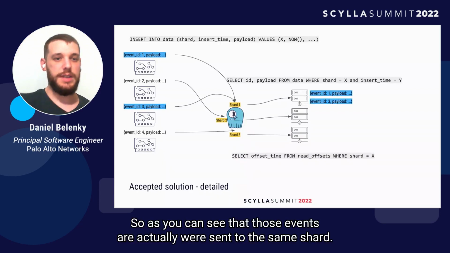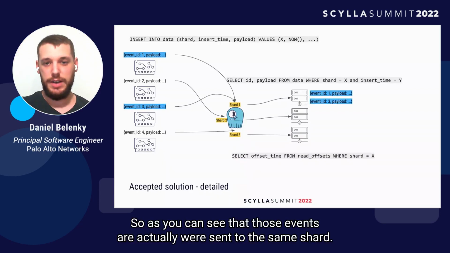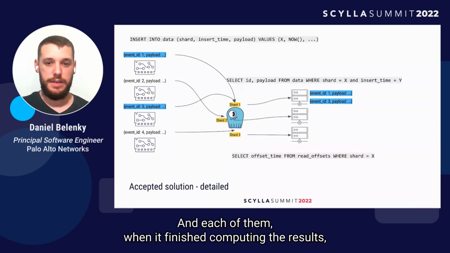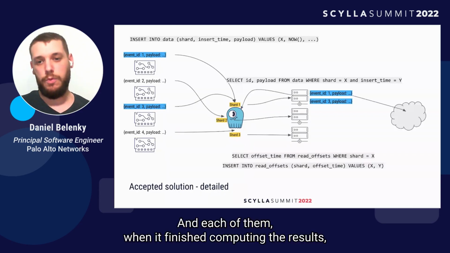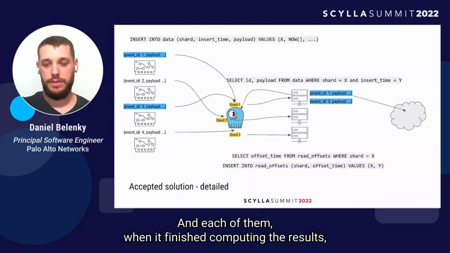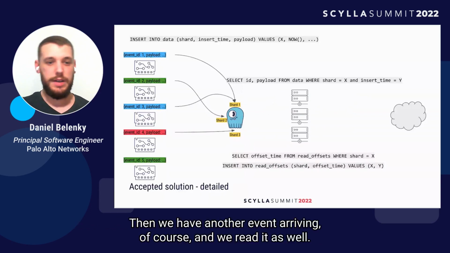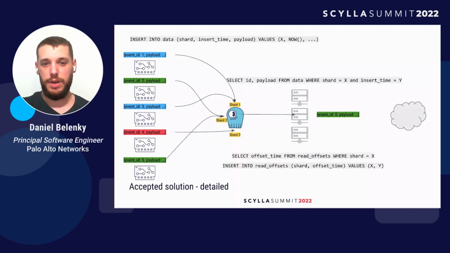As you can see, those events were sent to the same shard. And each of them, when it finishes computing the results, commits the last read offset to Scylla. And the same goes for the other workers as well. Then we have another event arriving, of course, and we read it as well.